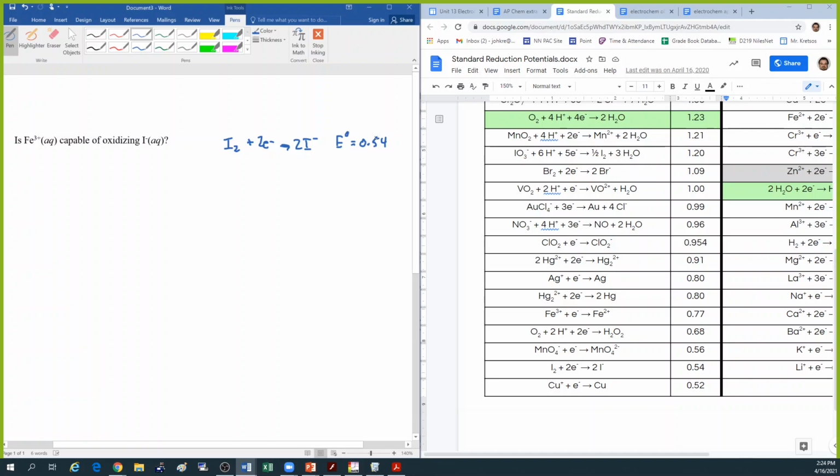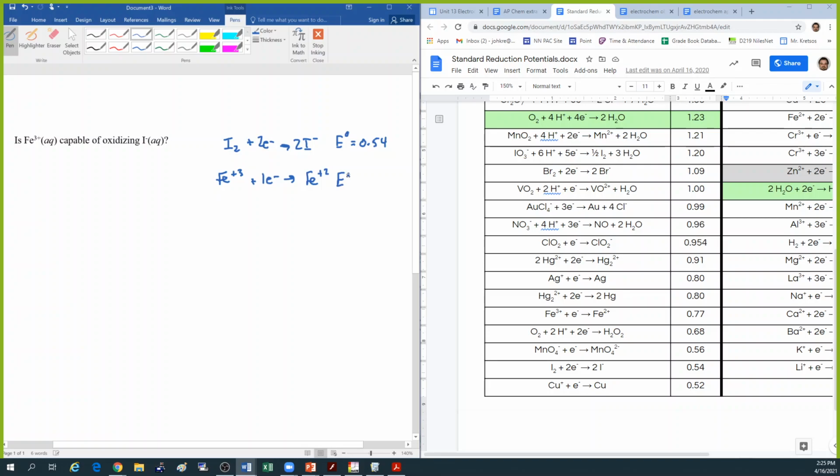Okay, so let's just put that on the side. Now we're looking for iron 3. Well, here's one. So here's something that shows that iron 3 and 1 electron produces iron 2.